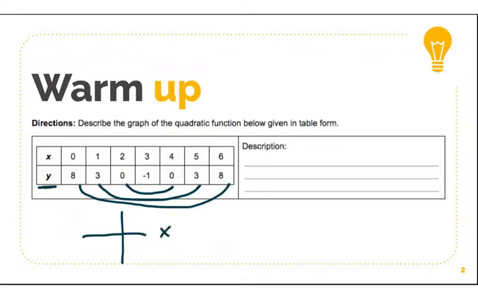And I know at 0, it's way up top. I should probably do a different color. All right, so at 0, it's way up top. Then at 1, it goes down pretty low. At 2, it's at 0.